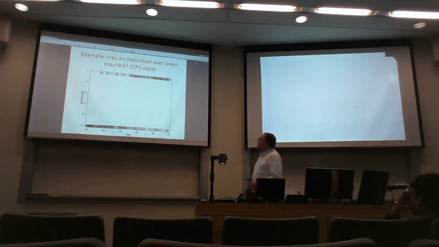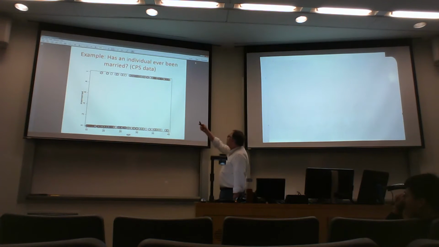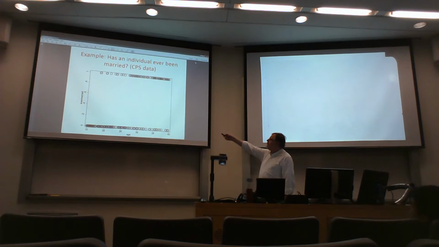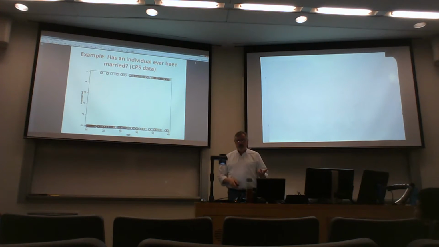Here is an example of that plot. Each little circle is one observation. This is whether a person has ever, at any point in their life, been married. Age across the bottom. And you see, if the answer is yes, it's coded as 1. No, coded as 0. There are no values in between. It's either one or the other.